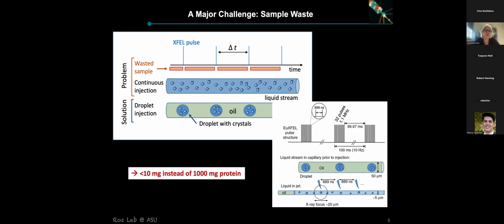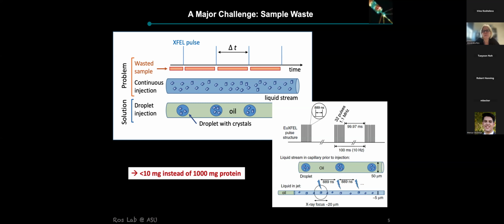However, if we can deliver crystals in droplets only when the XFEL pulses, then we would reduce the sample consumption significantly. And so what we would like to achieve is, instead of needing hundreds of milligrams of protein to obtain a structure, we would like to decrease that to below 10 milligrams.